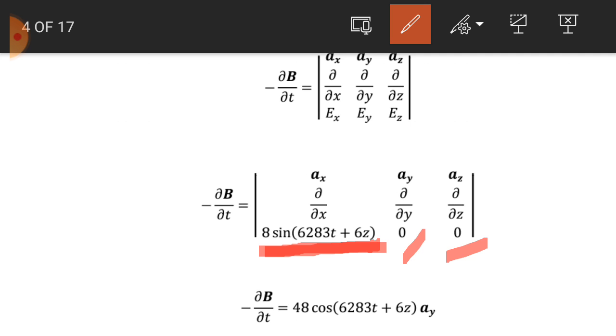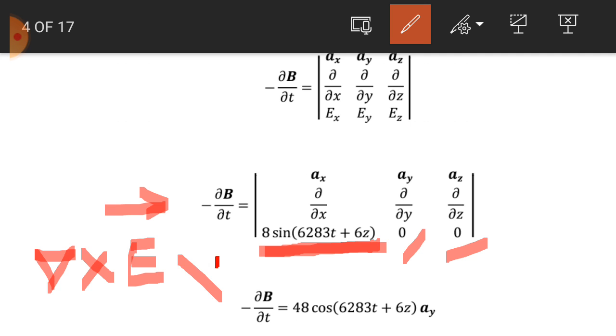If we expand this determinant, we get del cross E, which is basically equal to minus curly B by curly T in accordance with one of the four equations of Maxwell.